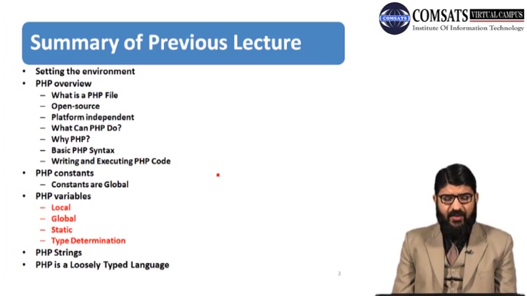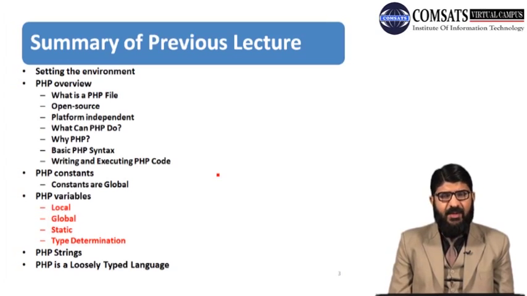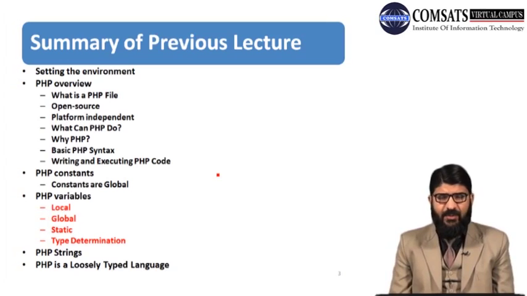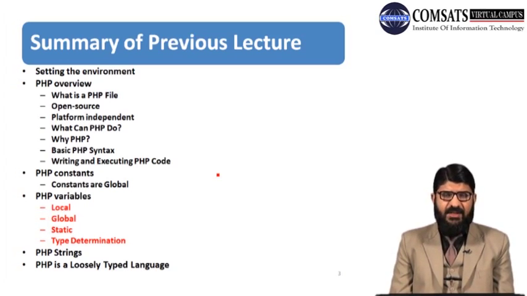The PHP constants are basically those values which are predefined to particular values. And then we have seen about PHP constants, where we have discussed that constants are fixed values which are predefined, and then we have seen constants as global.